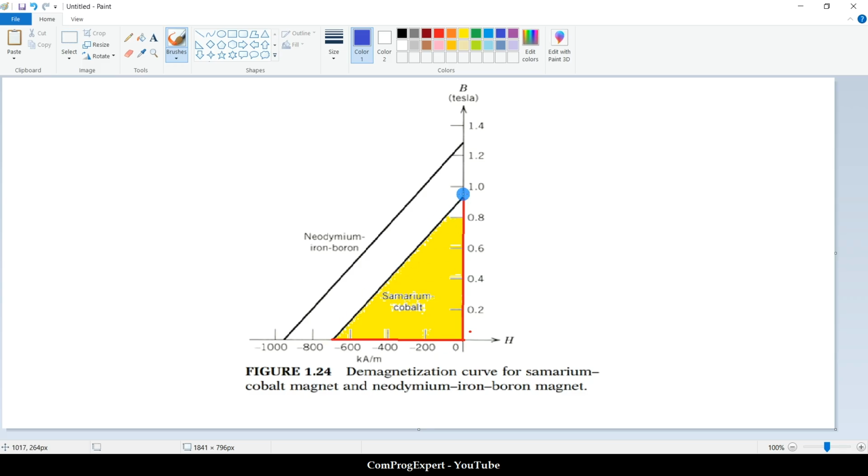But when we have a complex BH curve, we should use MATLAB. We need to have the XY points of the BH curve, and we can use numerical methods.